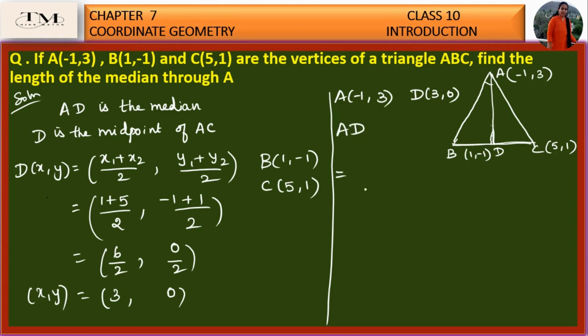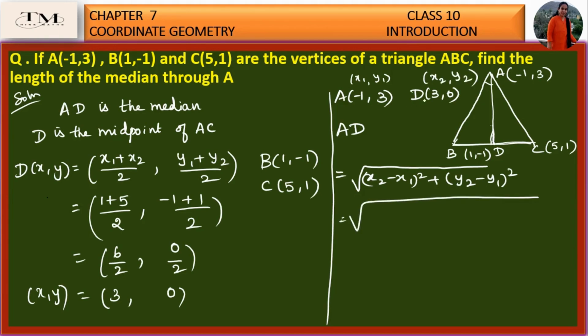So we have to find out the distance between AD. So applying the distance formula, we have square root of x2 minus x1 the whole square plus y2 minus y1 whole square. So this is the distance formula. So this is x1, y1 and this is x2, y2.